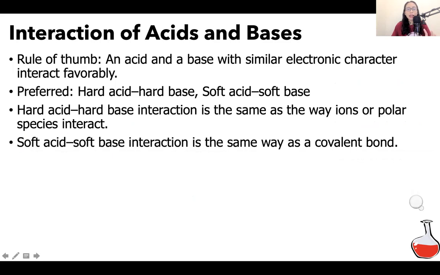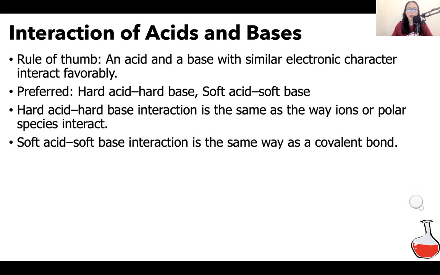Now, again, we know that acids and bases react, but under the HSAB theory, there is a rule of thumb. An acid and a base with similar electronic character interact favorably. So it means that hard acid, hard base, and soft acid, soft base interactions are preferred. If you have a hard acid and a hard base interaction, they are interacting in the same way as your ions or polar species.